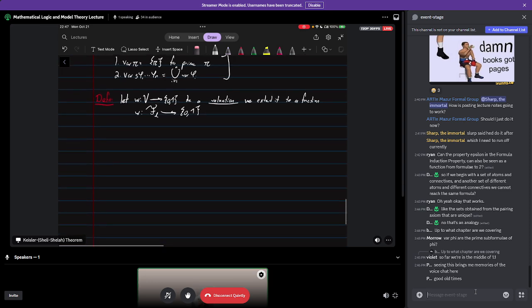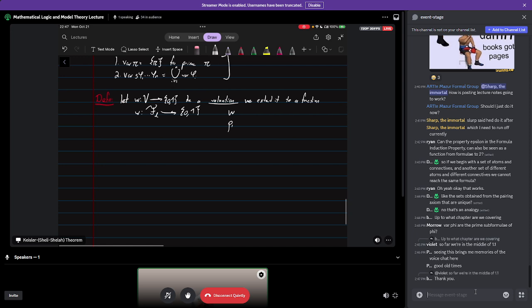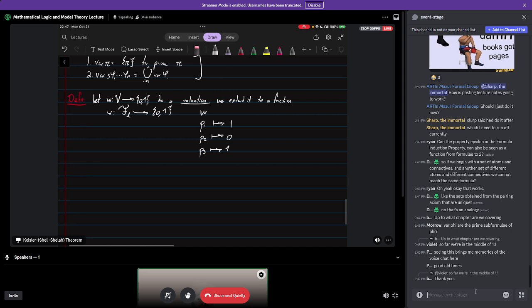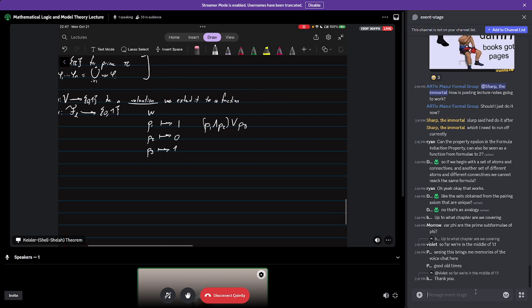So for example, let's say I have w and I have P1, P2, P3, and it assigns to P1 the value 1, P2 the value 0, and P3 the value 1. And now I have the formula P1 and P2 or P3. w should then assign to this the value of 1.